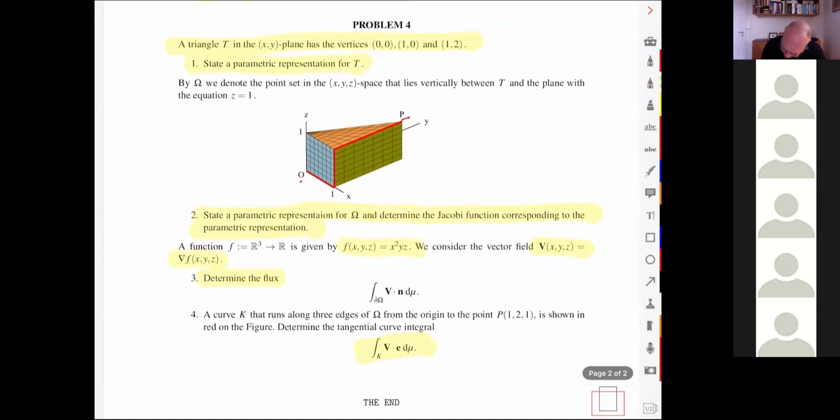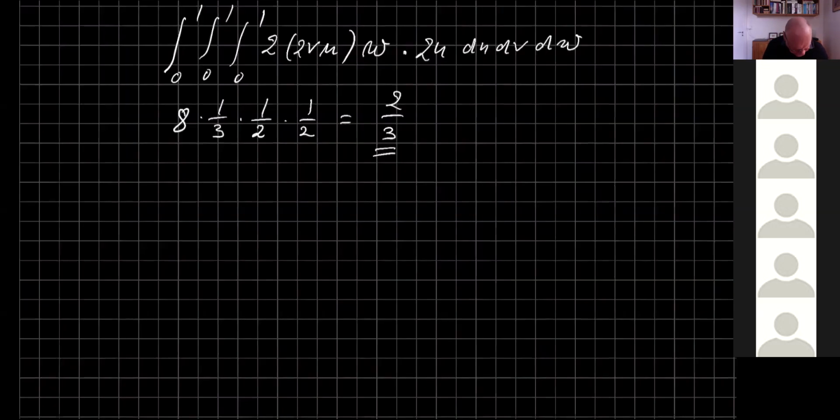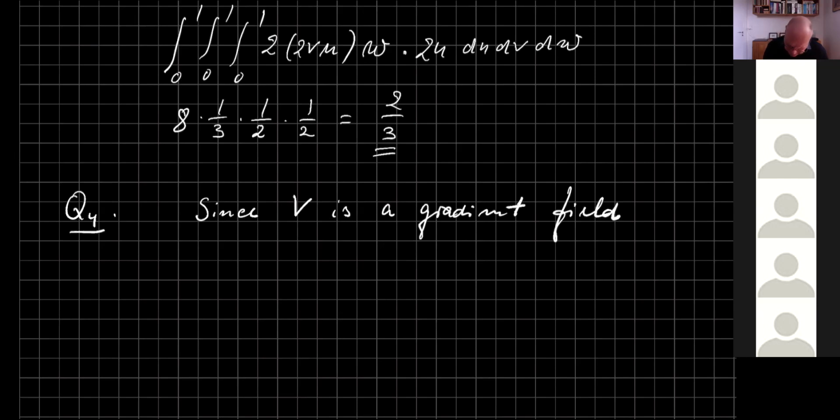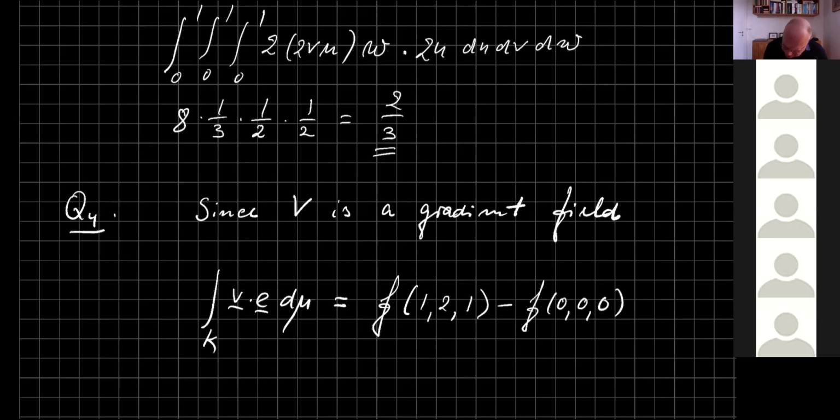But let's do that. We have question 4, and we know that since V is a gradient field, this tangential integral is equal to the value of the function in the final point, that is 1, 2, 1, minus the value at the initial point, which is the origin, 0, 0, 0.